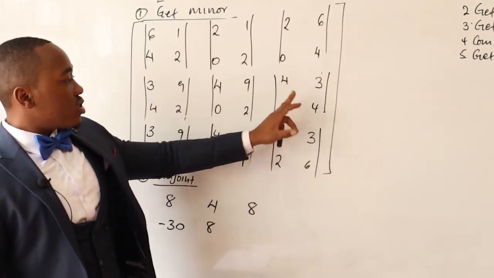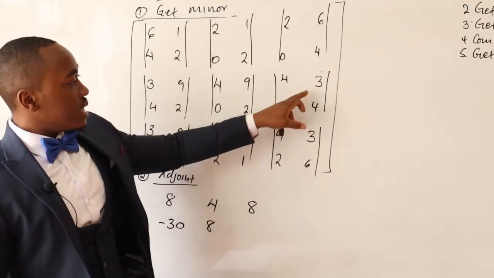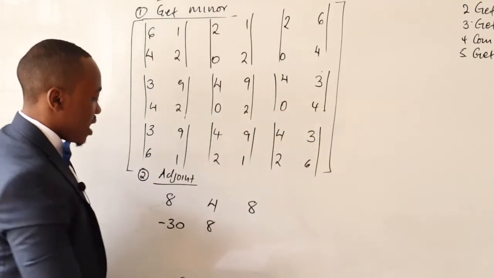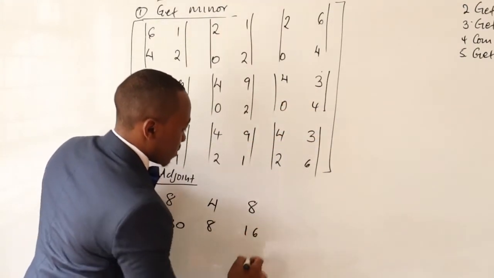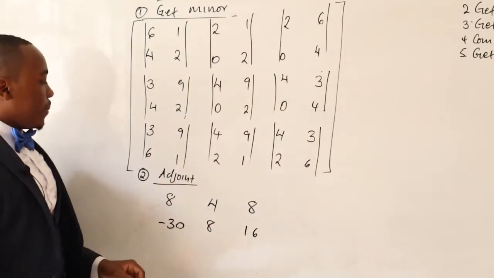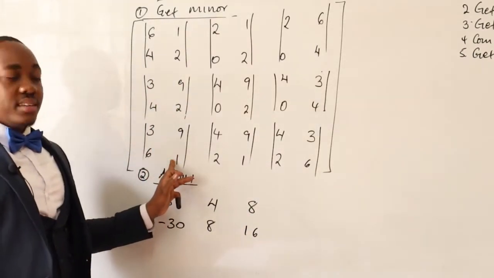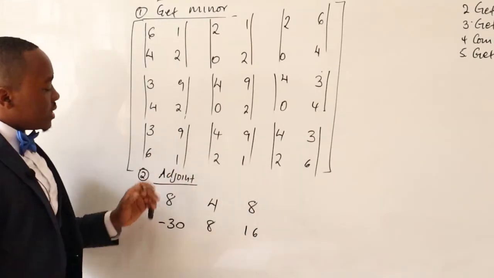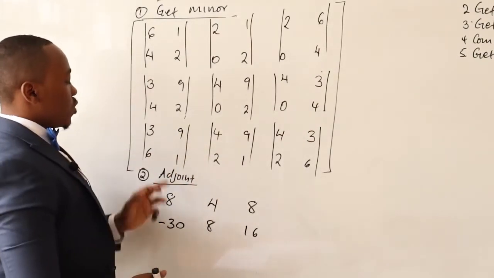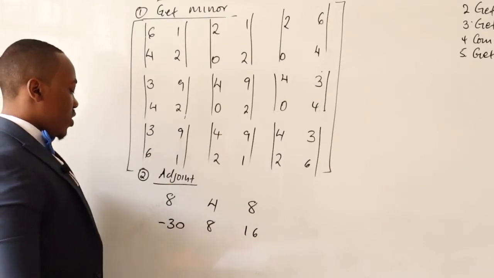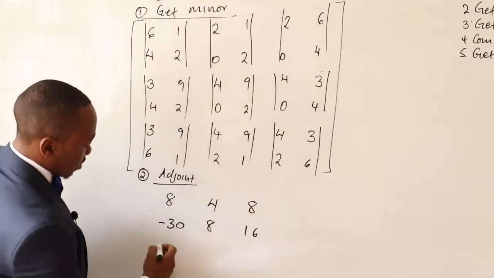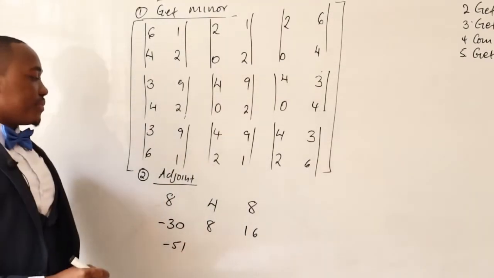Here we have 4 times 4, that's 16. 16 minus 0, you have 16. Come here. 3 times 1, that's 3, and then we have 9 times 6, that's 54. So 3 minus 54, you get negative 51.